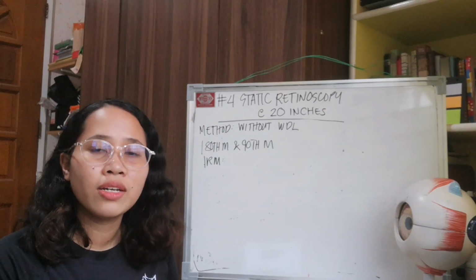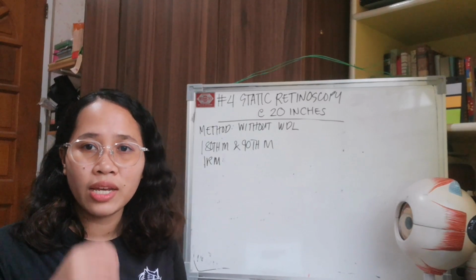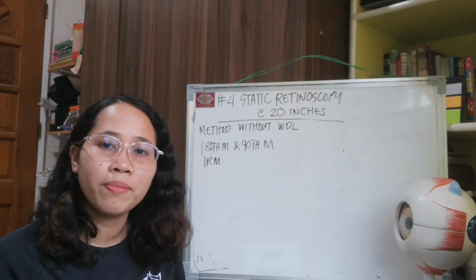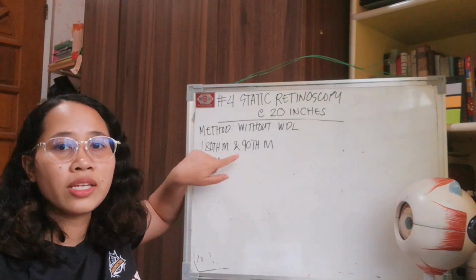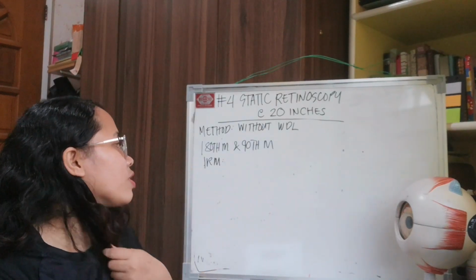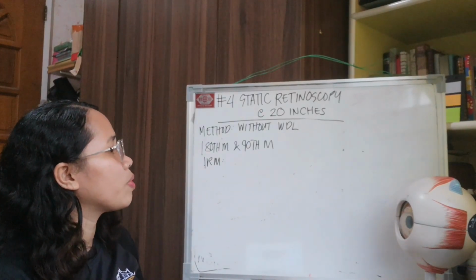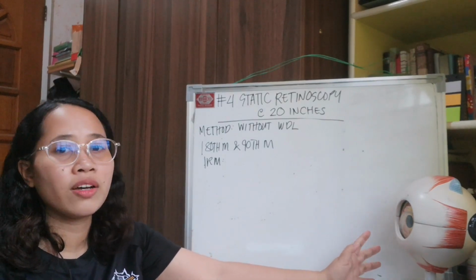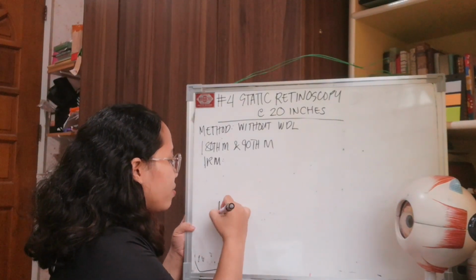Because this is a spherical error, we expect that the 180th and the 90th meridian have the same GNL and the same PR. So I'll just write 180th and 90th meridian. Supposedly it should be different, but to maximize my screen, I'll just make it 180th and 90th meridian. So let's have another example. Without WDL, so you work at plano, nothing in front of the patient, just the plano phoropter, no contact lens, no corrective lenses. So you write plano.